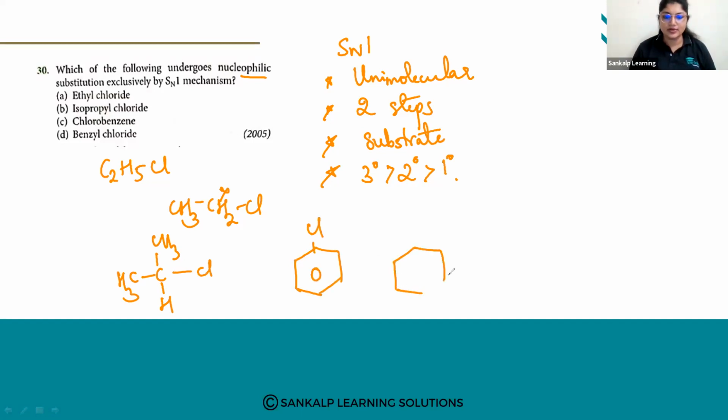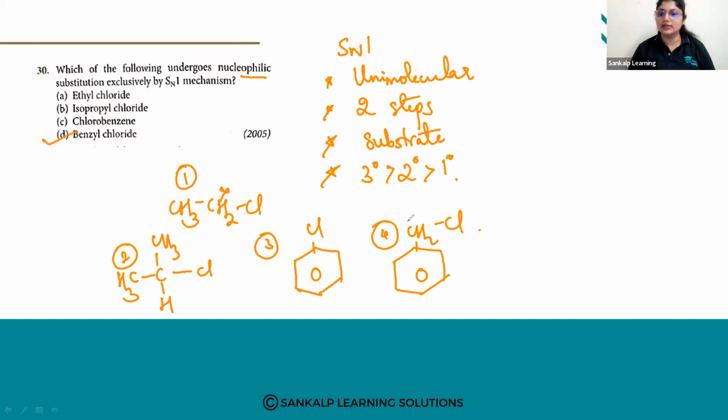Benzyl chloride is C6H5CH2Cl. Seeing the structures, at least you can come to know which will undergo SN1. This is second, this is third, this is fourth. The answer is D.